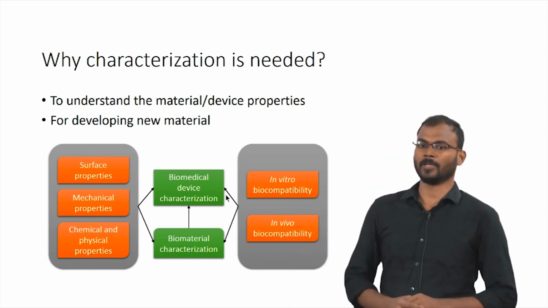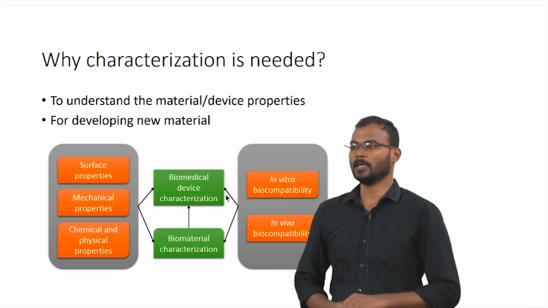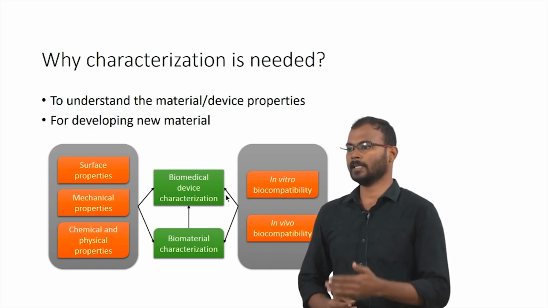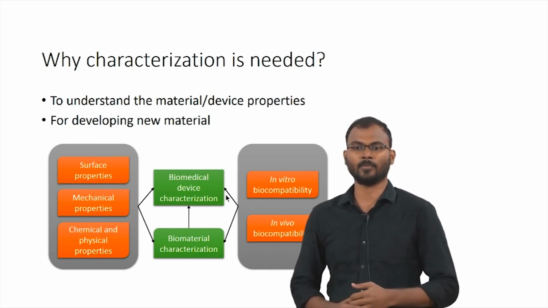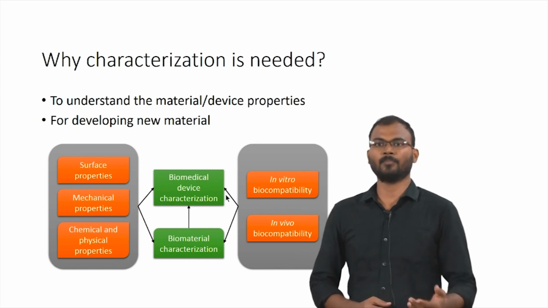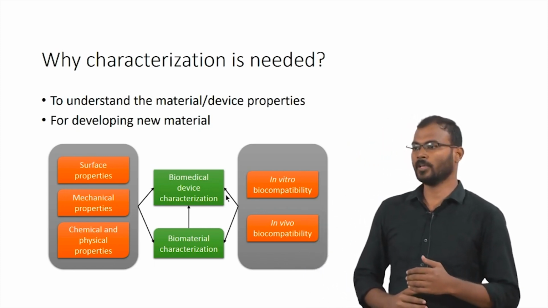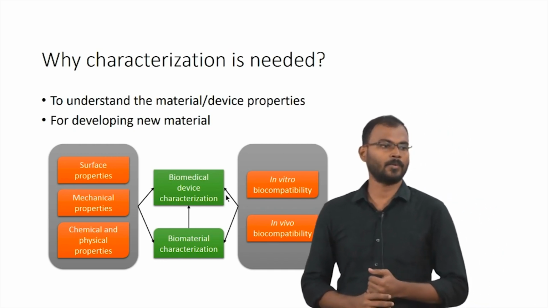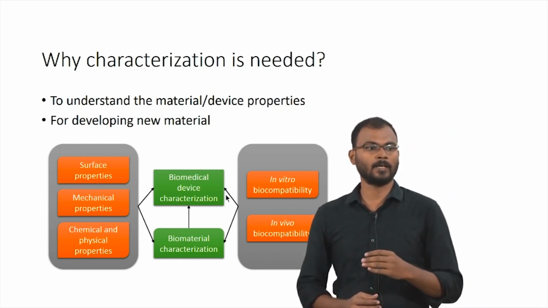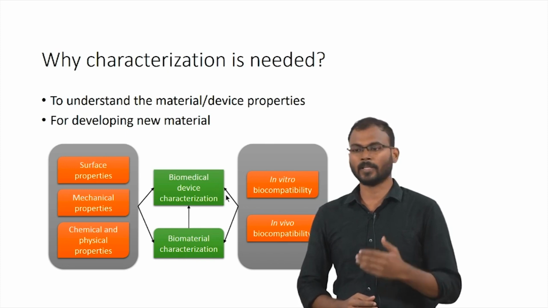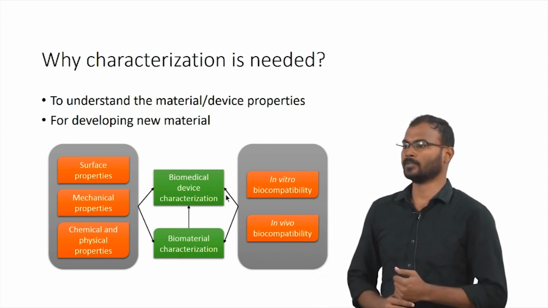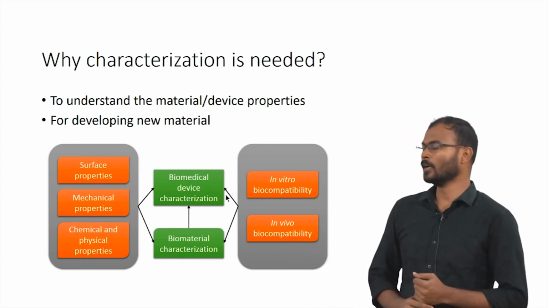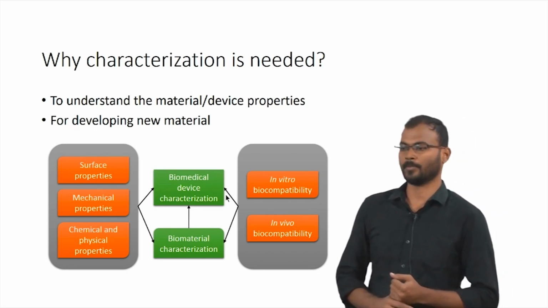Physical and chemical properties involve understanding the material composition and its thermal properties. If you are using a scaffold for tissue engineering applications, you have to understand the porosity, the permeability and how much water intake it can have. Those properties come under chemical and physical properties.